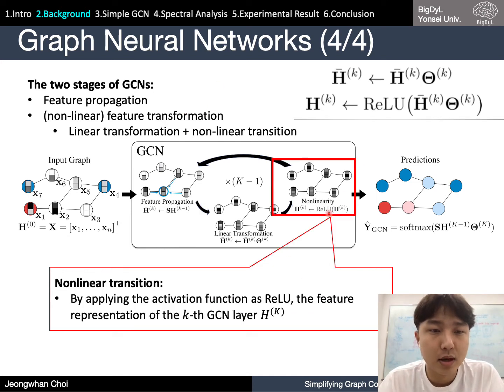Finally, a nonlinear activation function, such as ReLU, is applied pointwise before outputting the feature representation H. In summary, the representation updating rule of the k-th layer is this equation.